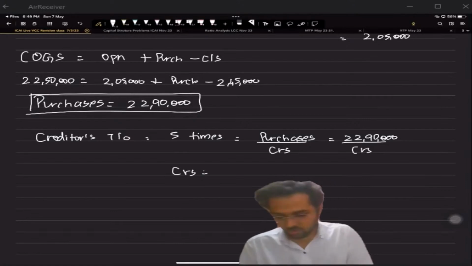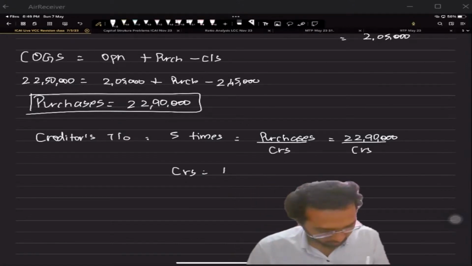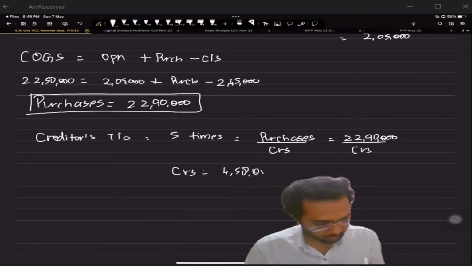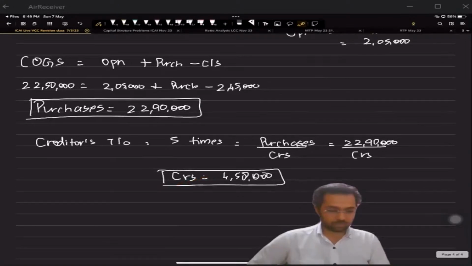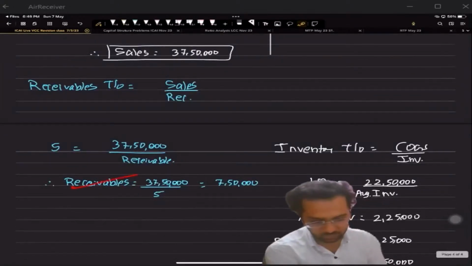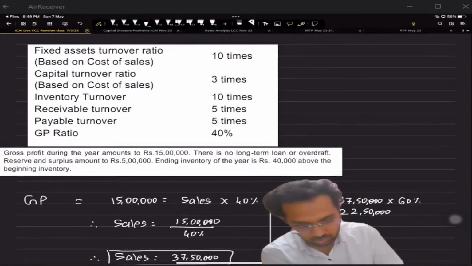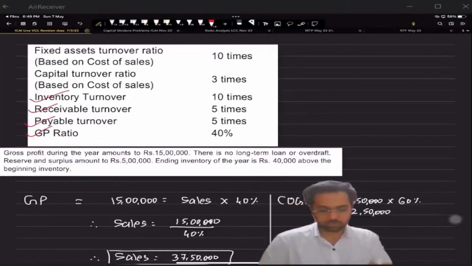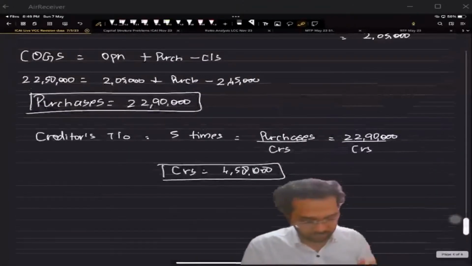So the creditors amount will be 4,58,000. So we have got the amount of creditors, the amount of stock, and the amount of the receivables. So we have utilized these ratios: GP ratio, payable turnover, receivable turnover, inventory turnover. Now we just have the capital turnover and fixed asset turnover ratio to be done.